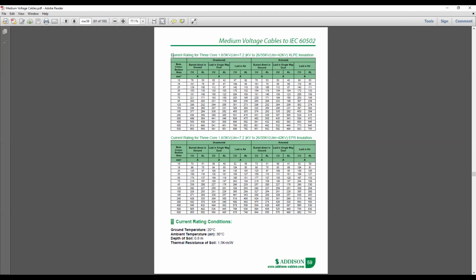Okay, here. So this is the current carrying capacity table for 3-core cables up to 35 kV.